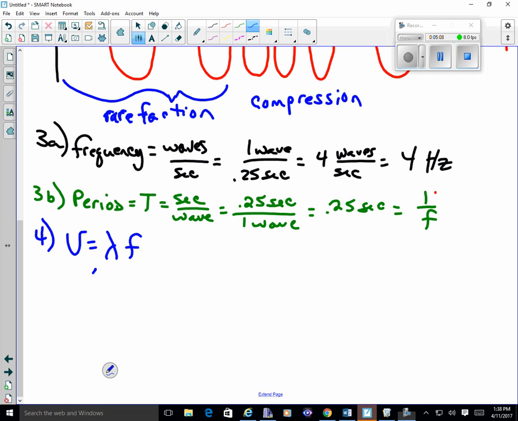So in number 4, it says, what is the speed of light? So I'm looking for V. Its wavelength is 7.5 times 10 to the negative 7th meters, and its frequency is 4 times 10 to the 14th hertz.